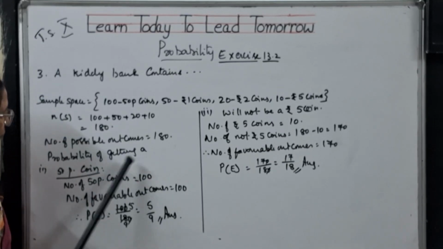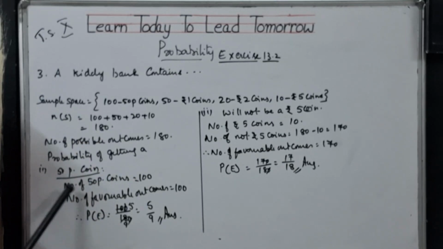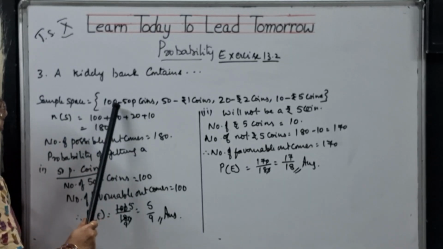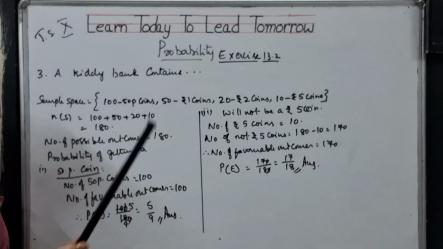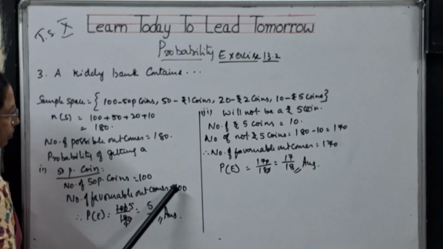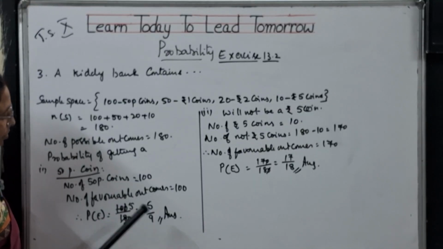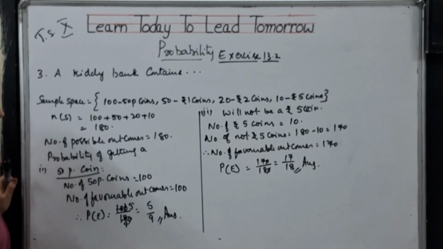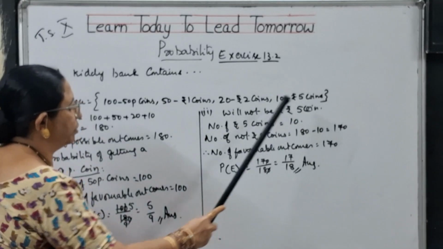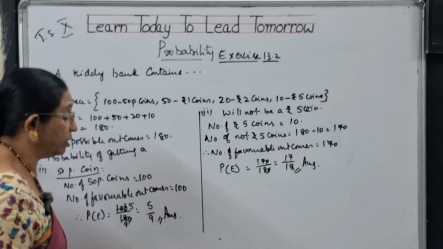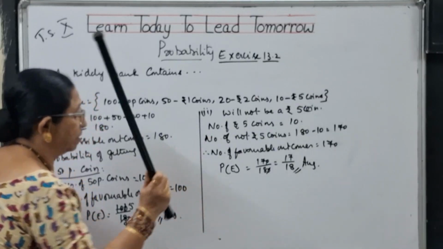So probability of getting a 50 paisa coin is number of 50 paisa coins, how many? 100. So number of favorable outcomes are 100. So probability of getting 50 paisa is 100 by 180, that is 5 by 9. And will not be a 5 rupees coin means what? Number of 5 rupees coins are 10.